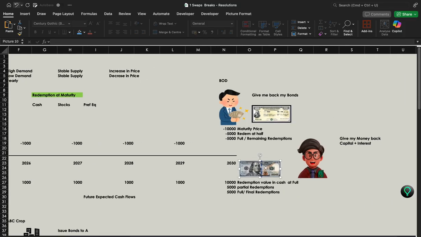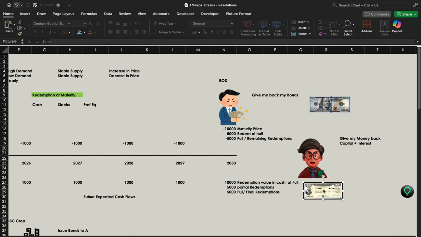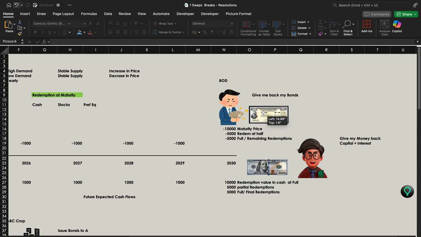You can visualize this in your mind: the company pays cash to the investor, and the investor sells the bonds back to the company. This is how the activity happens at the time of maturity. So the investor receives their capital plus interest, and the company buys the bonds back from the investors.